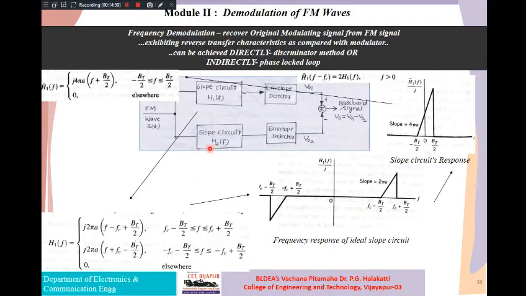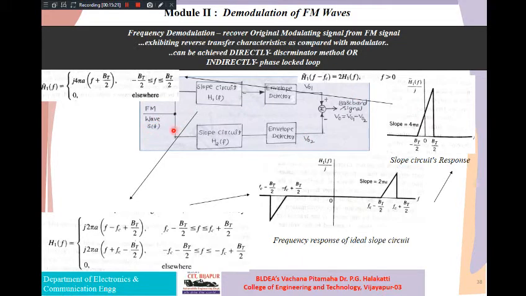So first we stated or defined mathematically the frequency response of the ideal slope circuit. Then we went on to define the frequency response of the practical slope circuit, that is H1 hyphen of f, that is its output if you want to say.